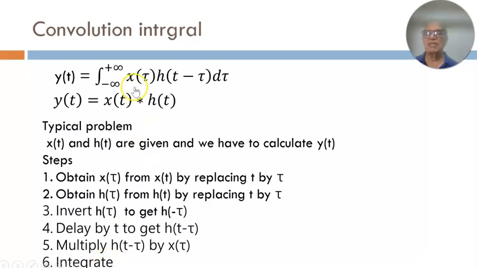When you integrate this product, you have to be careful whether the product has the same expression over all times. If it has the same expression over all times, some of the problems may be simple, and in that case you can directly integrate that and get your result.